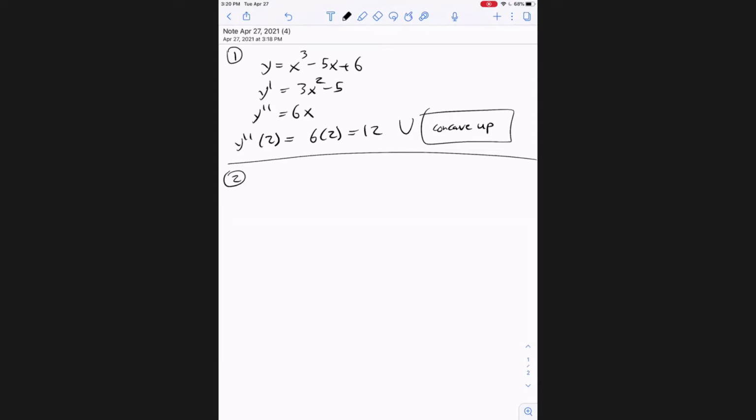Number two. Find all relative extrema. f of x equals negative 8 over x squared plus 1. First we've got to get the critical numbers.